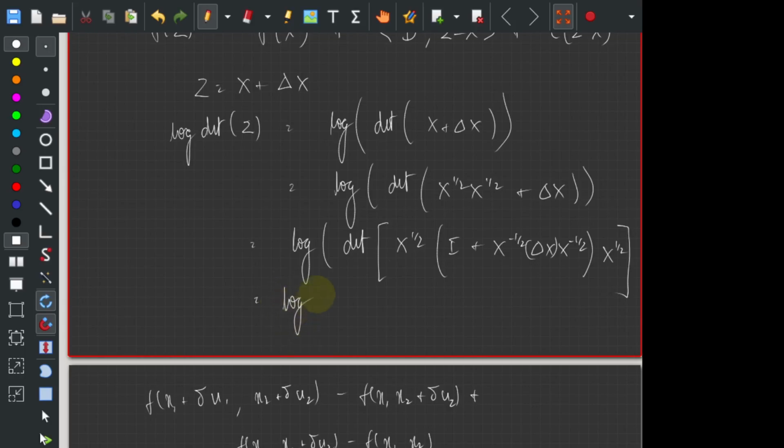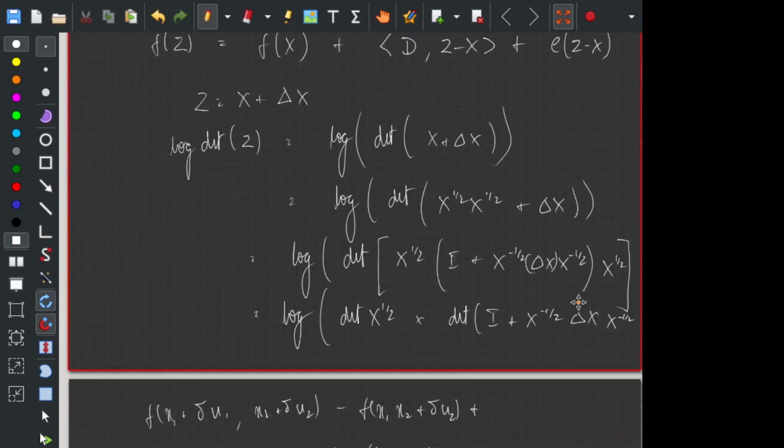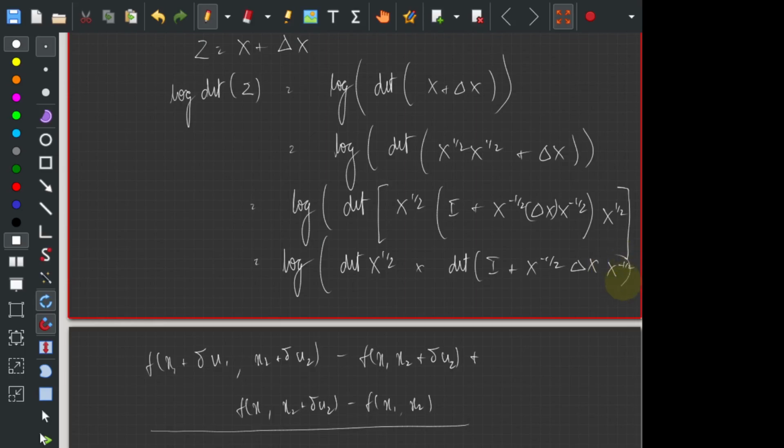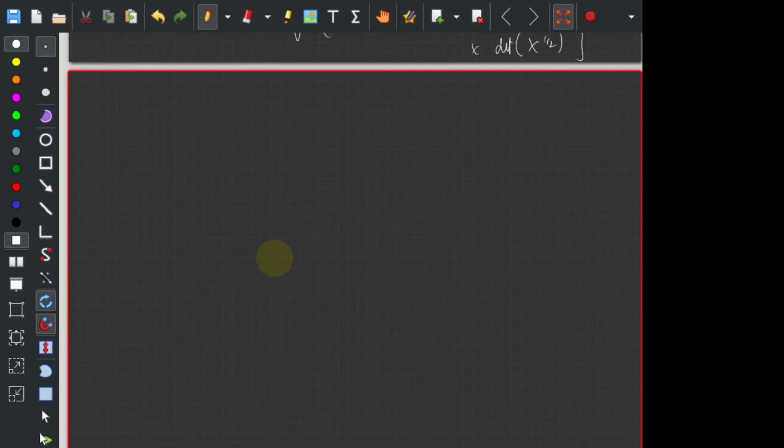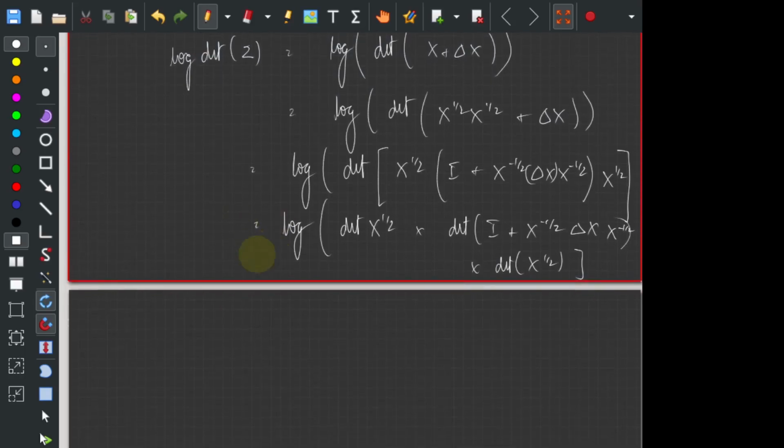So this is log of determinant x half times determinant of I plus x minus half delta x x minus half, times determinant of x half. But what is that equal to?